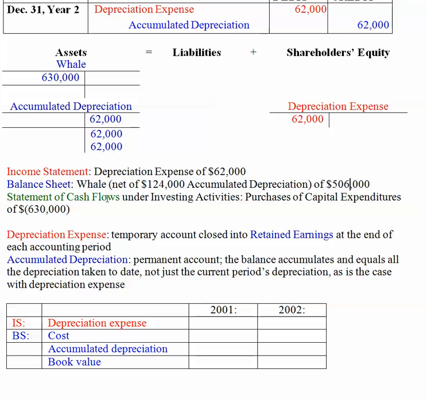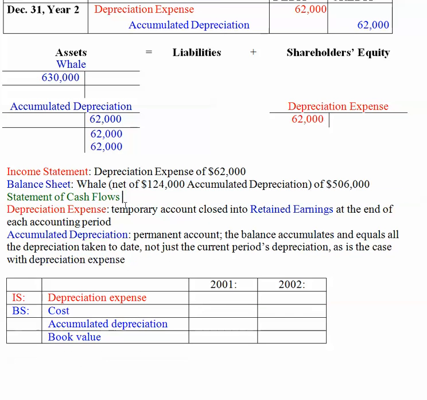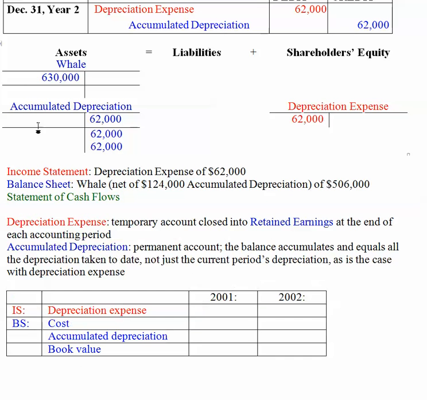And there will be nothing on the statement of cash flows, because in that second year there is no cash being paid. In fact, depreciation is called a non-cash expense because it's not one that gets paid. So again, to summarize, your income statement will be $62,000 each year. The cost doesn't change.